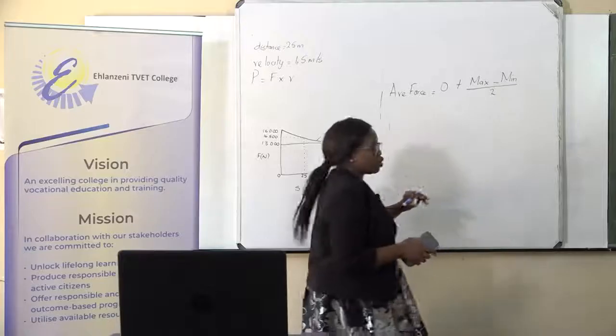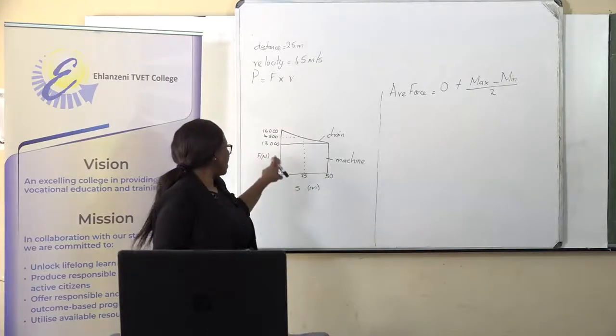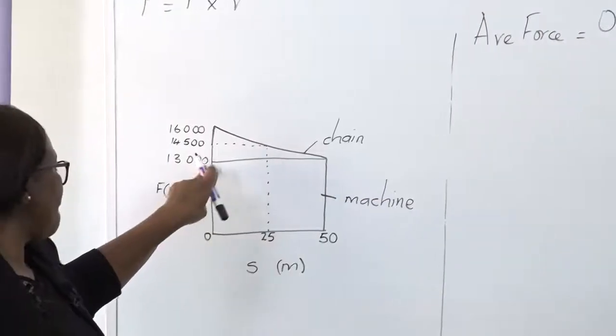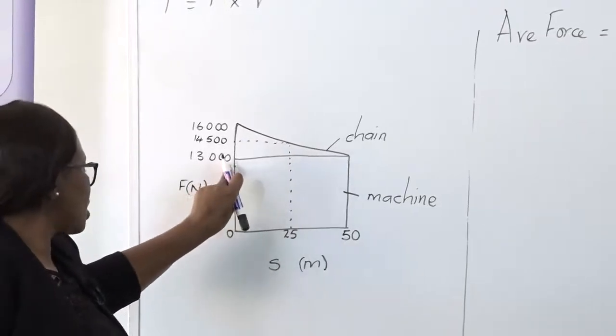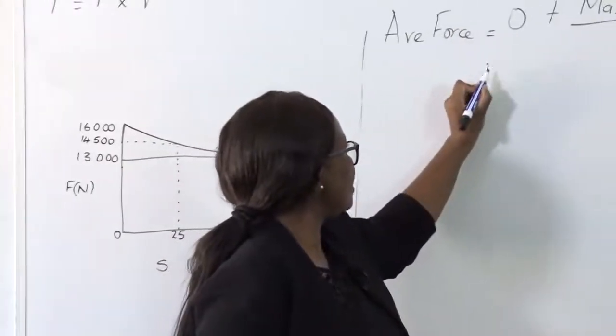And according to our graph, our 0 is not here at the bottom. Our 0 is where we have the total weight of the machine, which is 13,000.